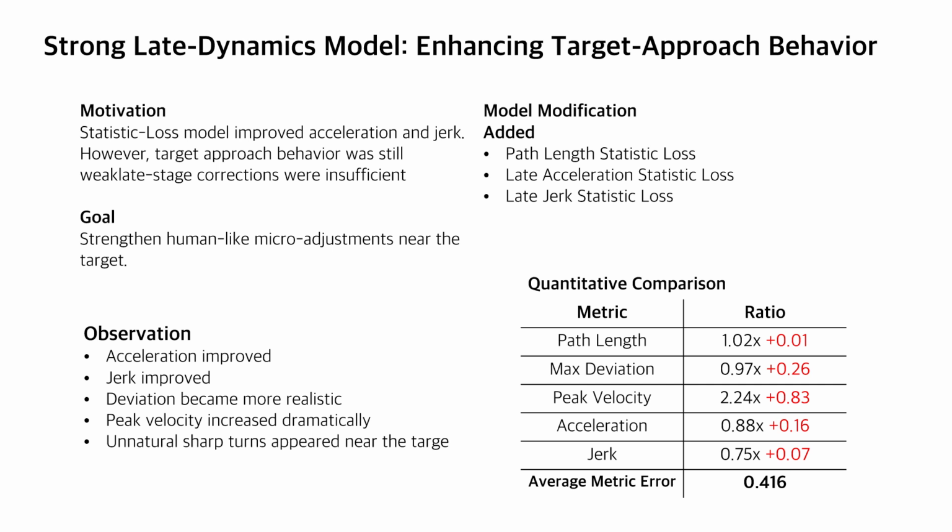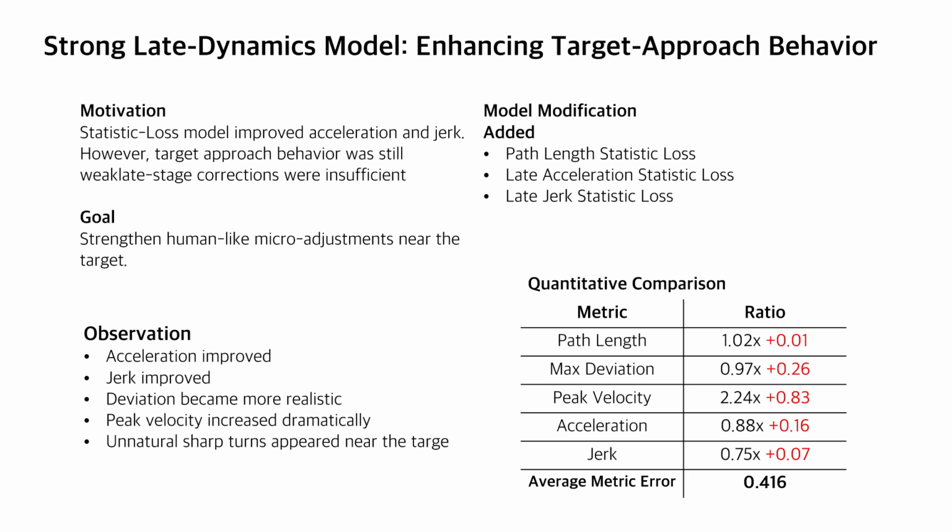The model shows improvement in acceleration, jerk, and trajectory deviation. One limitation was that peak velocity increased, and some trajectories developed sharp corrections near the endpoint. Therefore, stronger late dynamics alone did not lead to the best overall behavior.